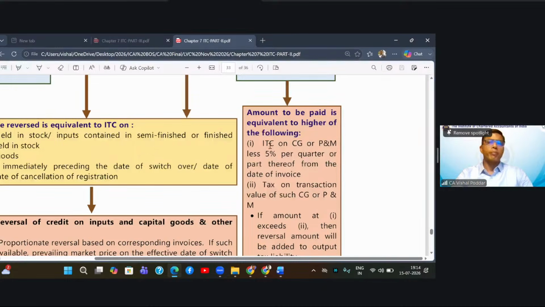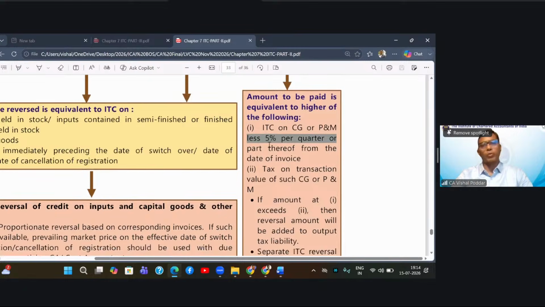First, the proportionate ITC. Again, how to find out proportionate ITC? Total ITC minus 5% per quarter for whatever period you have used the capital goods. So again, you have to find out the balance ITC after reducing ITC at the rate of 5% per quarter for whatever period you have used these capital goods. So this is one ITC which I will call as proportionate.